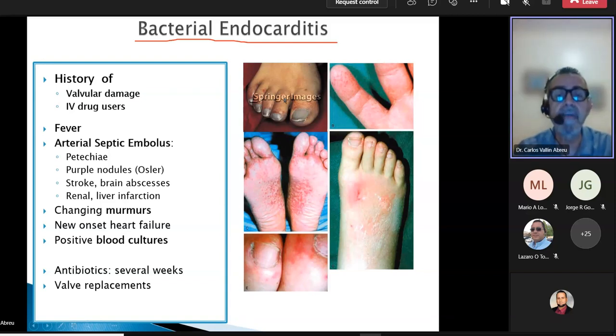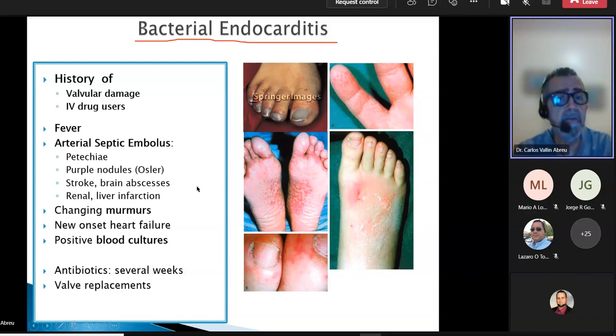For example, in the extremities, the final end arteries of the extremity, you are going to see digital embolization. And you are going to see in the skin little dots, elevated nodules that are painful because they are emboli in the skin. So you are going to see petechiae and different signs of embolization in the skin.